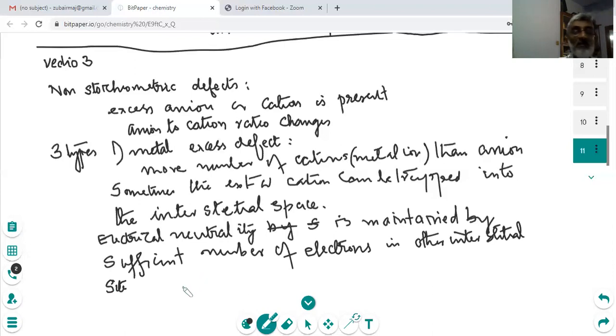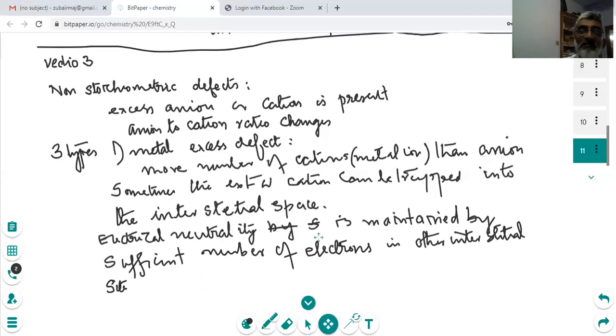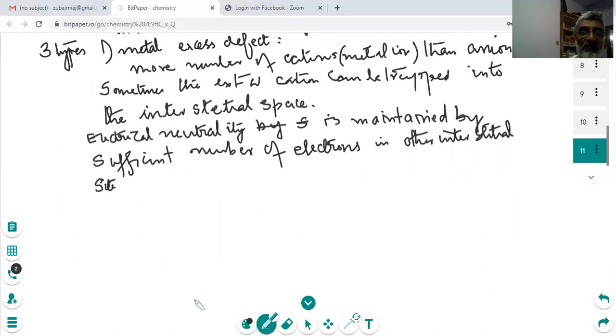Now, let us take an example for this: zinc oxide. Zinc oxide is a very good example. If you take zinc oxide, which is quite white in color, and heat it to a high temperature, a few molecules of zinc oxide will get decomposed and form Zn2+ ions plus half O2.